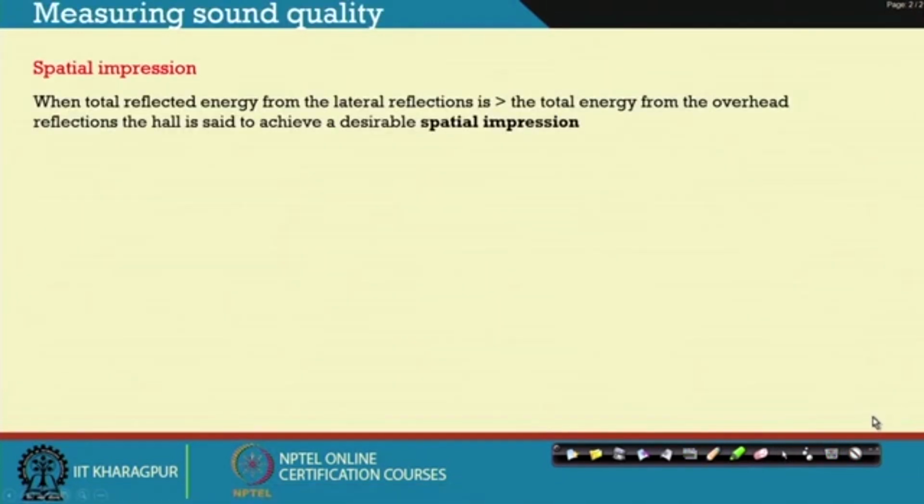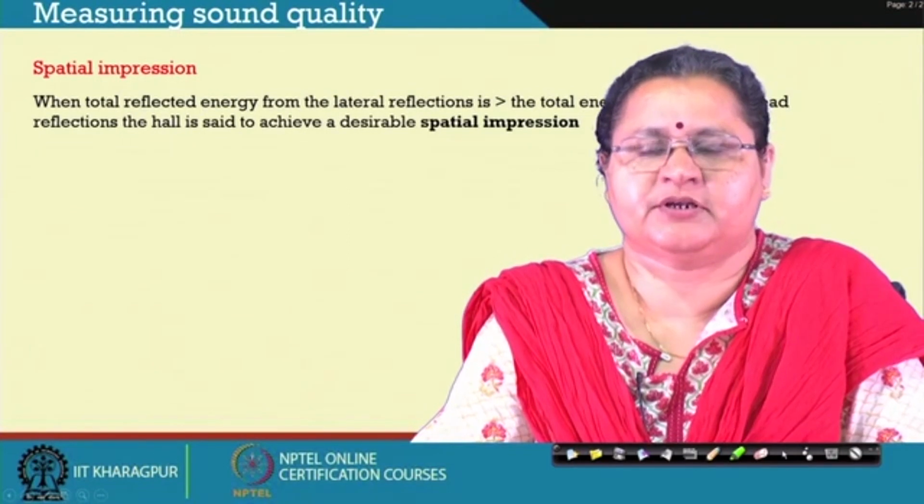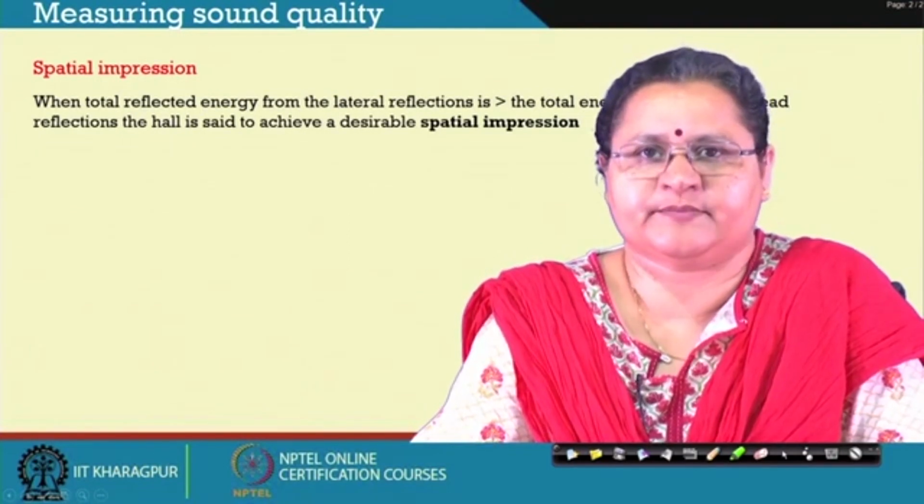Now, coming to the next phenomenon, that is spatial impression. If you look into the previous lectures, I think lecture 11 has spatial impression, we had the term impression. Here it is spatial impression, impression as Q that was measured.